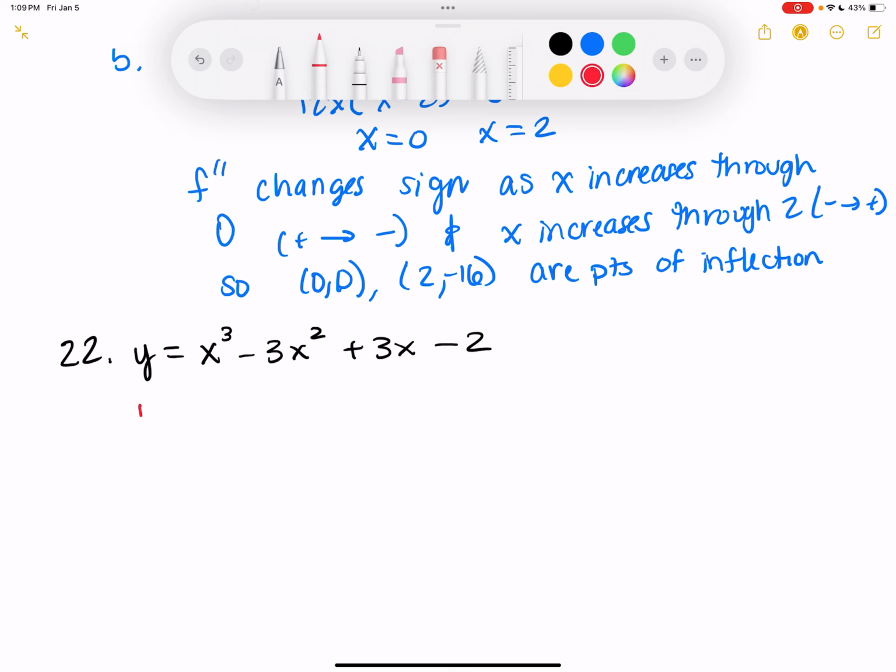So y prime is 3x squared minus 6x plus 3, and I'm going to do y double prime over here in case we need it.